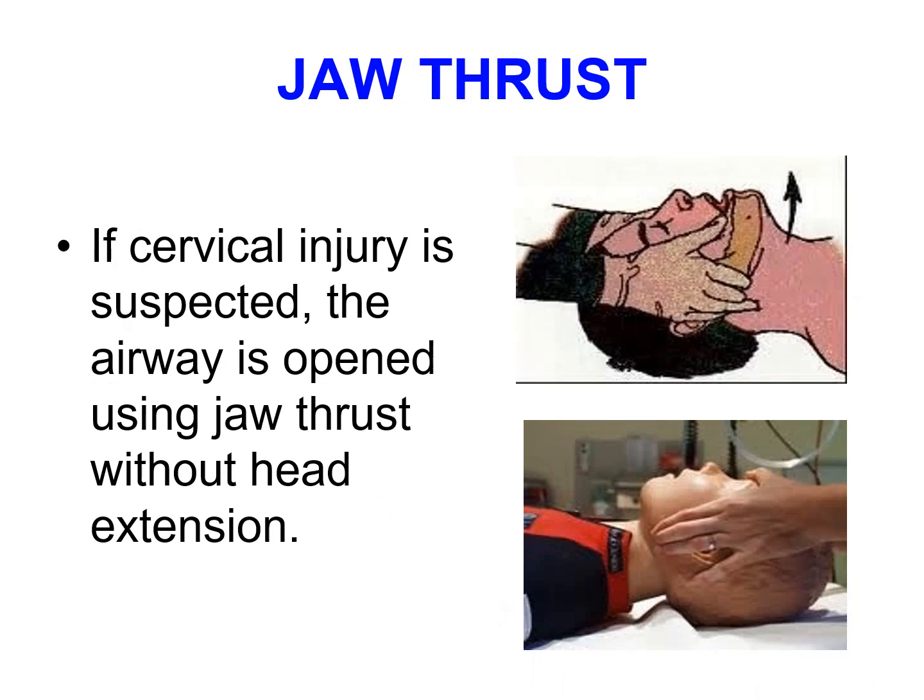Another method in opening the airway is by performing jaw thrust. Jaw thrust is frequently performed in a trauma patient when cervical injury is suspected. In this method, the airway is opened without head extension. How to do it?